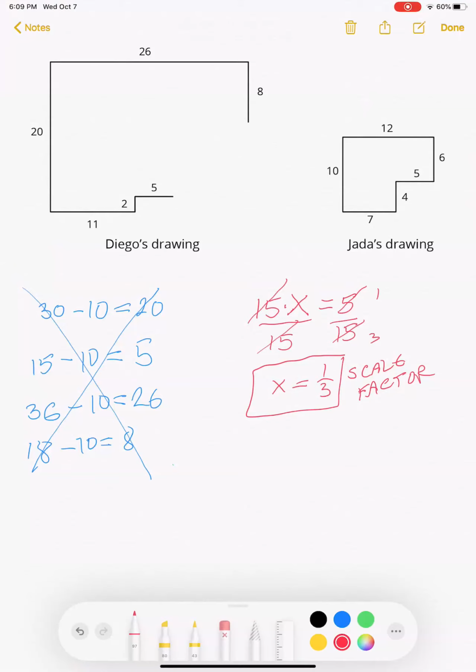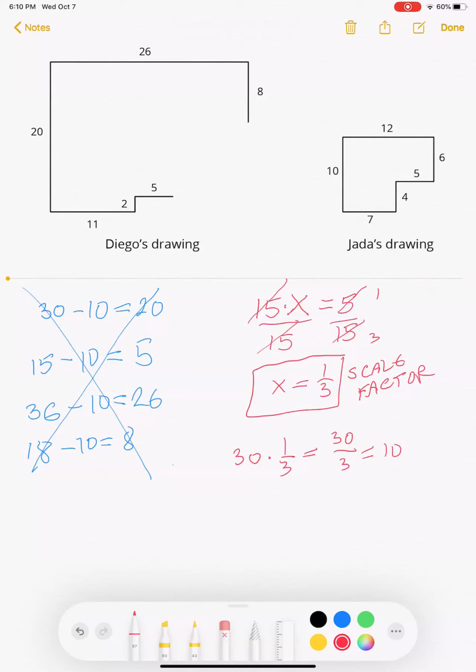So she went 30 times 1/3. 30 times 1/3 is the same as 30 divided by 3, which is equal to 10. So that's how she knows that this side length is going to be 10.